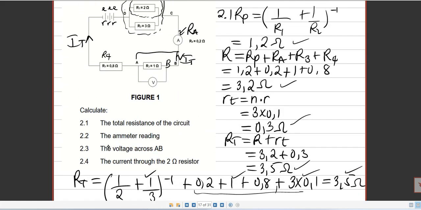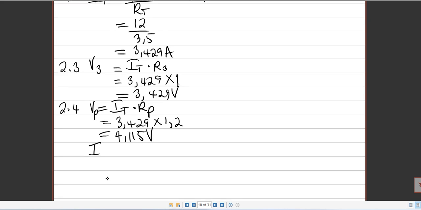Then you can find your current for the 2 ohm resistance. That's R1, so I can label this as I1. This is V parallel divided by R1.